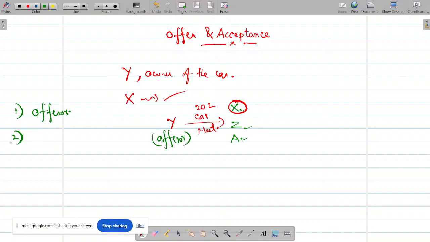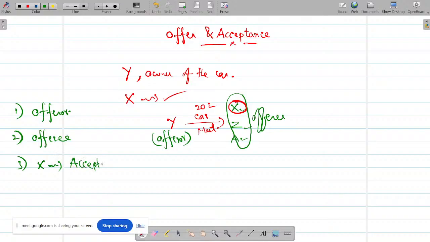The person to whom the offerer gave the offer will be called the offeree. So who are the offerees here? All three are the offerees. Here, X is accepting the offer, so X will be called the acceptor.